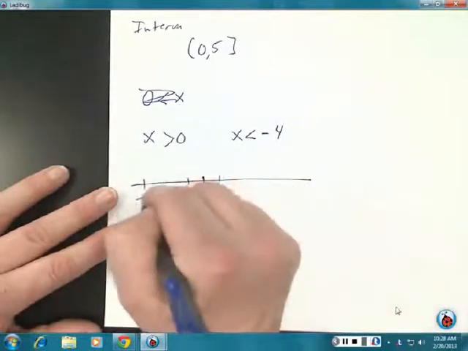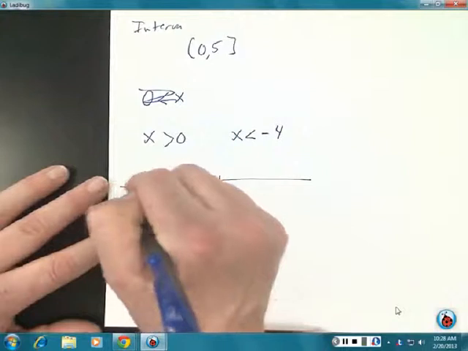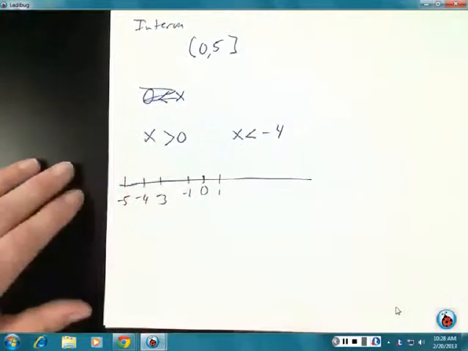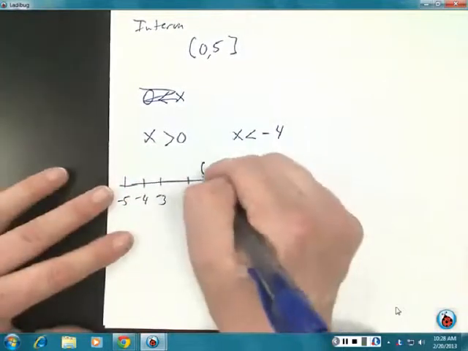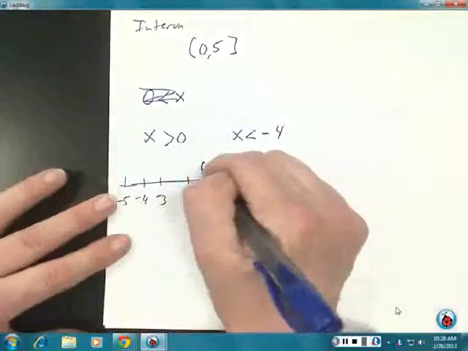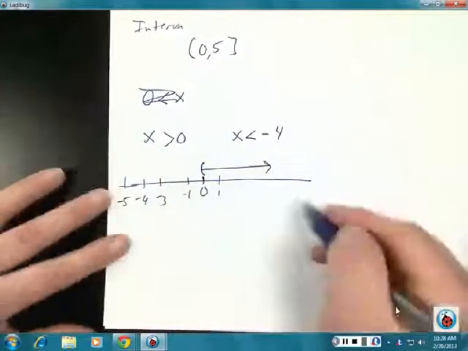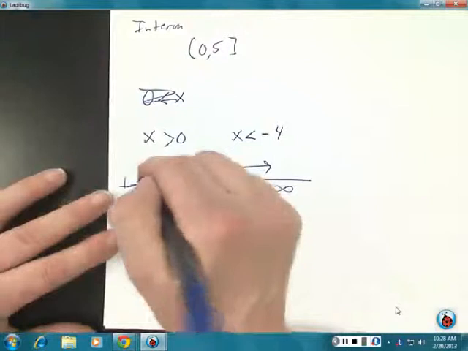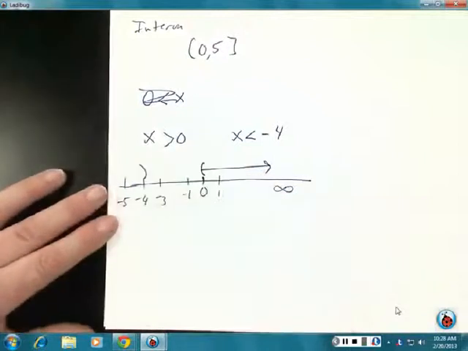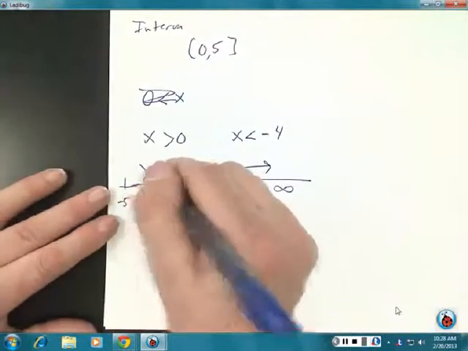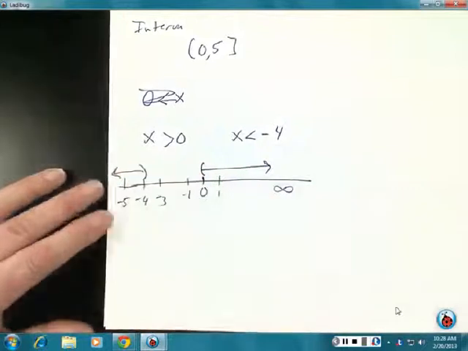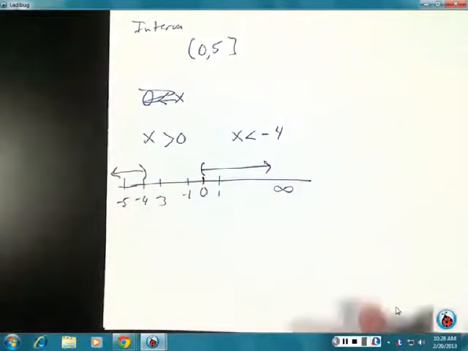So you'll have parentheses 0, which way? To the right. Then we'll start at -4 with parentheses, and then we're going the opposite way, to the left. So what would I have for interval notation?